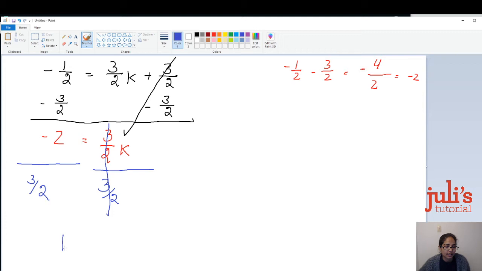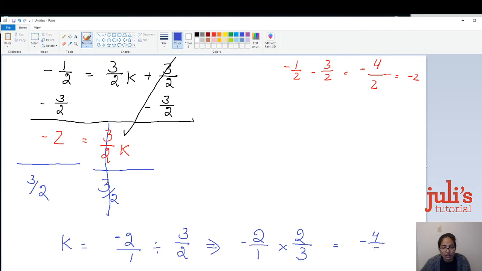And on this side I have k equals negative 2 over 1, because of an invisible 1, divided by 3 over 2, which is basically negative 2 over 1 times 2 over 3, which is negative 4 over 3, and that's your value. K equals negative 4 over 3.